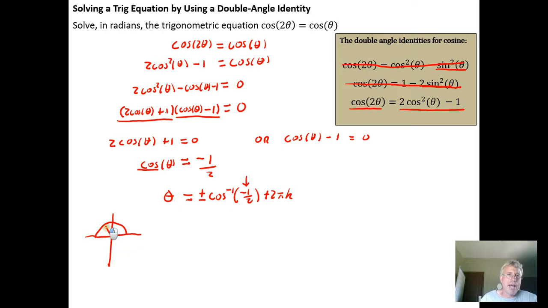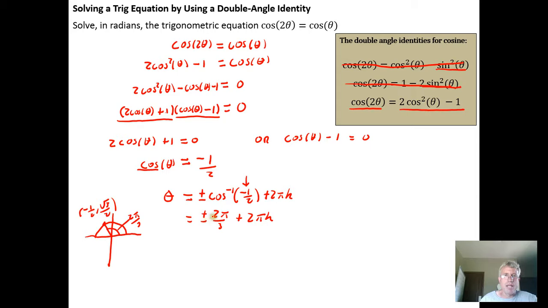Well, that happens at the angle 2 pi over 3 radians, where we have the ordered pair negative 1/2 comma square root of 3 over 2. So I'm going to replace the cosine inverse of negative 1/2 with the angle I know it is. It's 2 pi over 3, and this is plus 2 pi k.